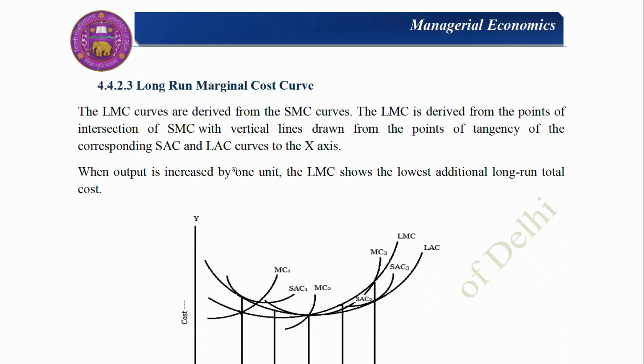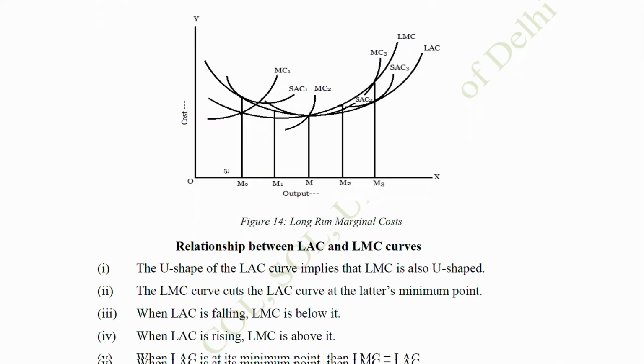When output is increased by 1 unit, the long run marginal cost shows the lowest additional long run total cost. Figure 14 depicts the long run marginal costs.